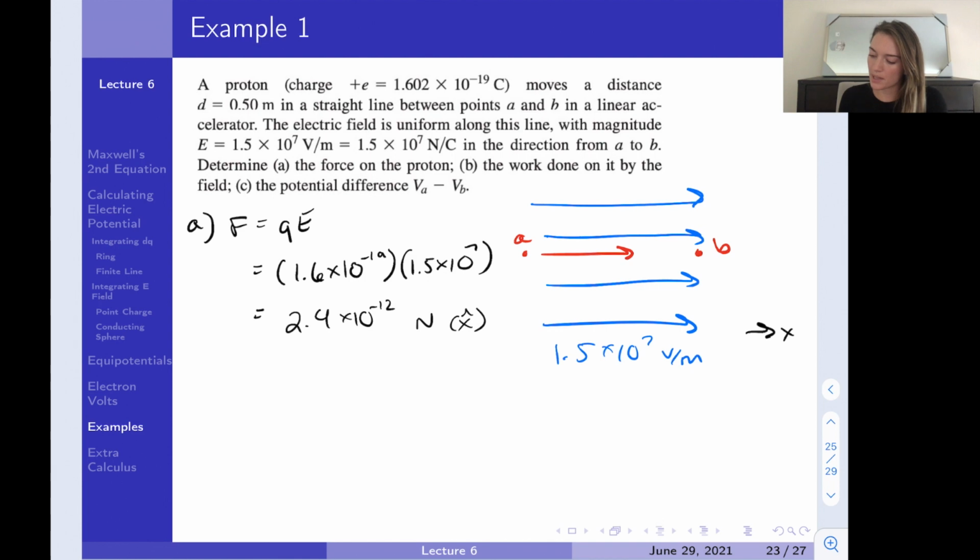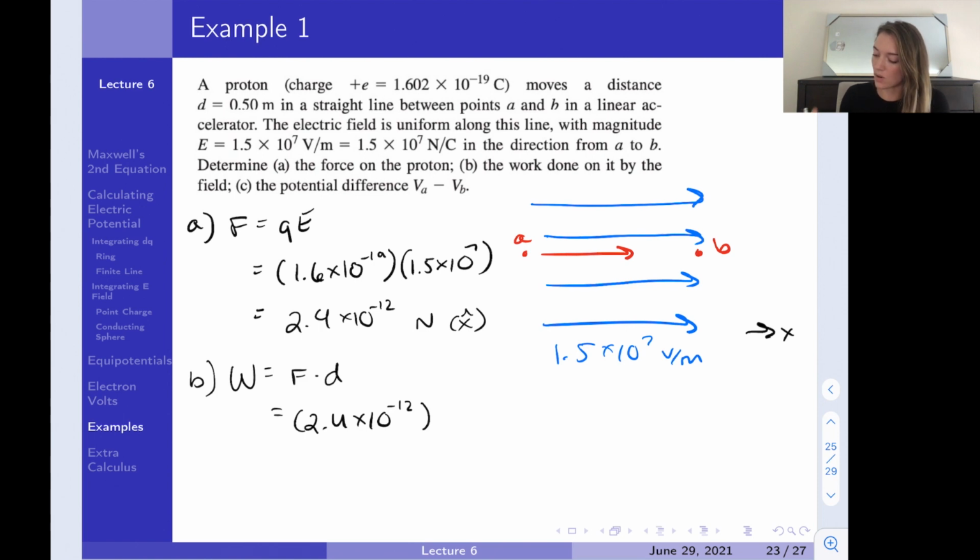Okay, and then for part B, what is the work done on the proton by this uniform electric force? So we don't have to integrate here, because it says that we have a uniform electric field, which means it's constant, so we can just do the dot product. So to find the work done by the electric force, we can just do the dot product here. So our force, we just found from part A, is 2.4 times 10 to the negative 12 newtons.